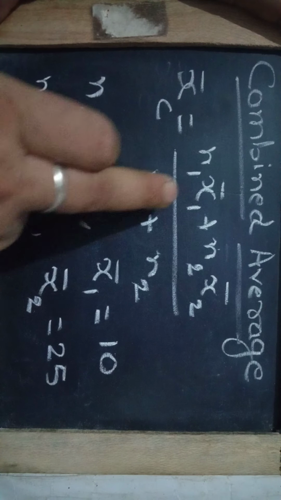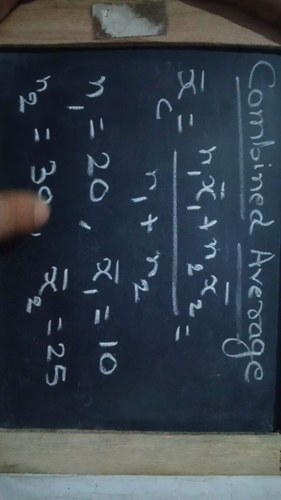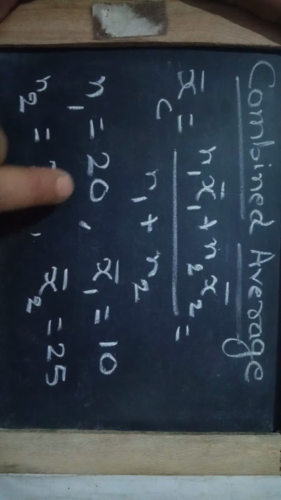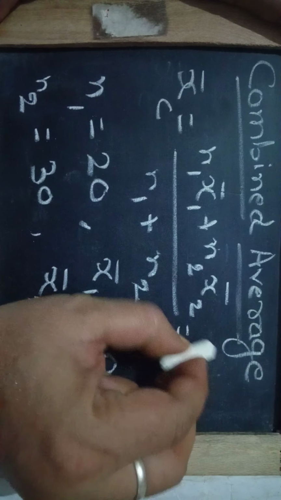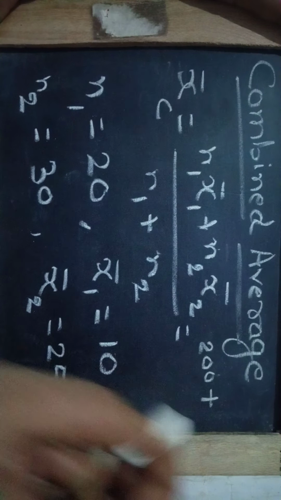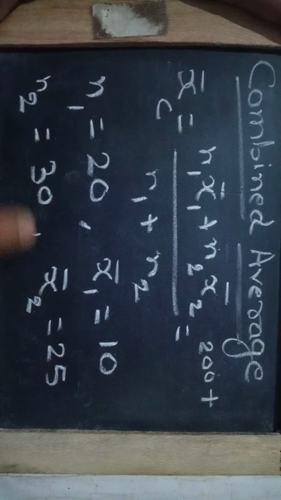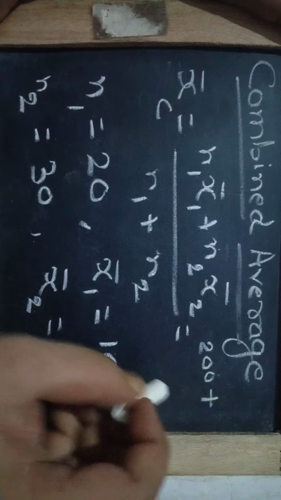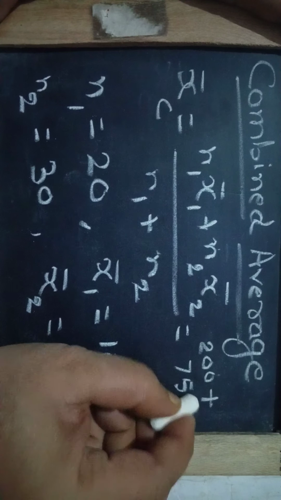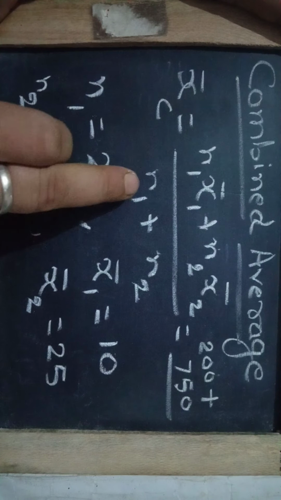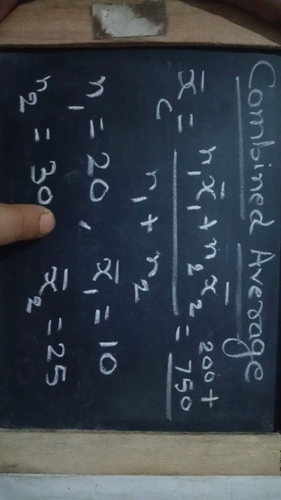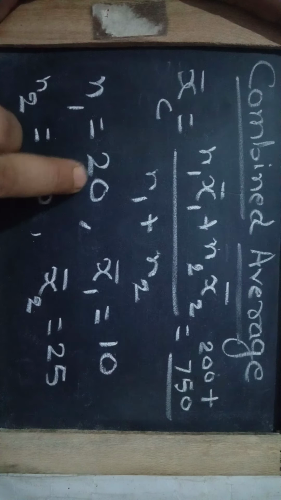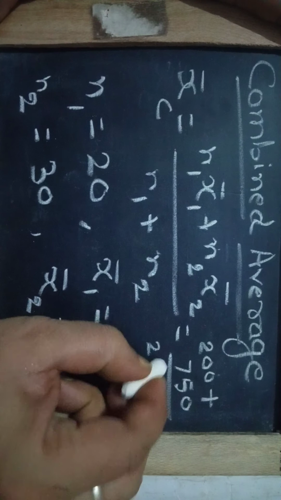Putting these values here, we have n1 x1 bar, that is 20 multiplied by 10, that is 200, plus 30 multiplied by 25, that is 750, upon n1 plus n2, that is 20 plus 30.